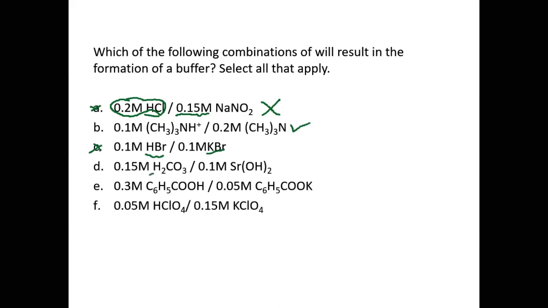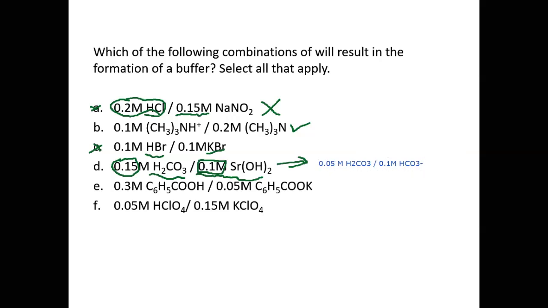Next we have 0.15 molar carbonic acid, 0.1 molar strontium hydroxide. Will this form a buffer? The answer is yes, because the concentration of weak acid is greater than the concentration of strong base. So this will actually form the following buffer. It'd be 0.05 molar H2CO3 and 0.1 molar HCO3 minus.